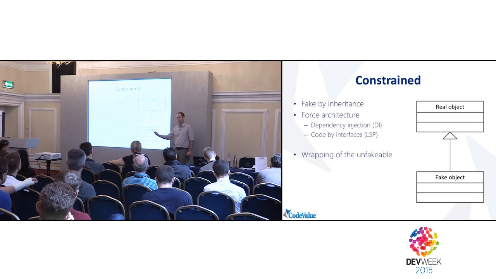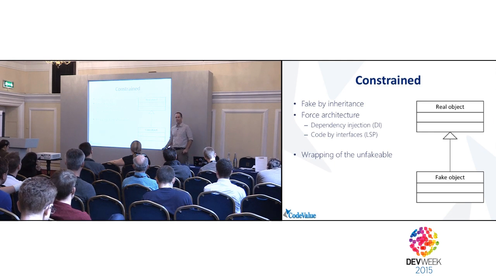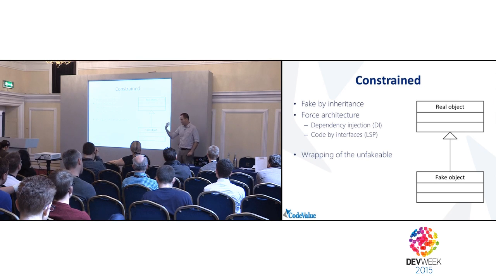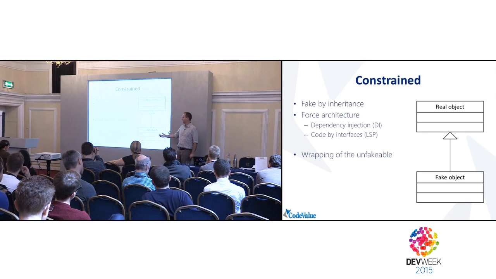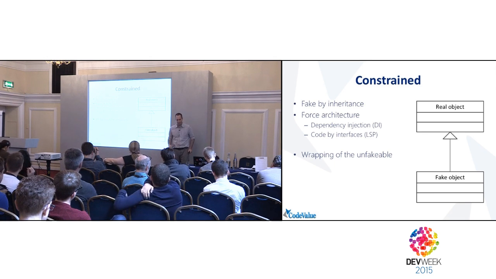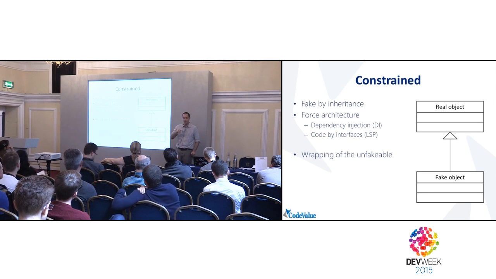File, for example. I don't want to call a file in my unit test. Not a good idea. I need to wrap it with my own class, have an interface pulled out of that one, and fake the class. And you'll find many projects of wrapping part of Microsoft libraries because of that.